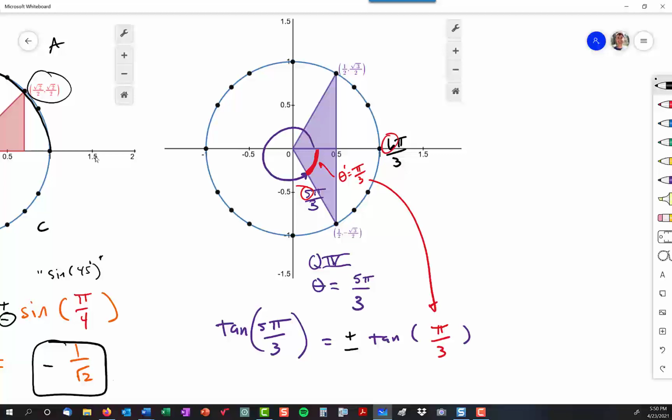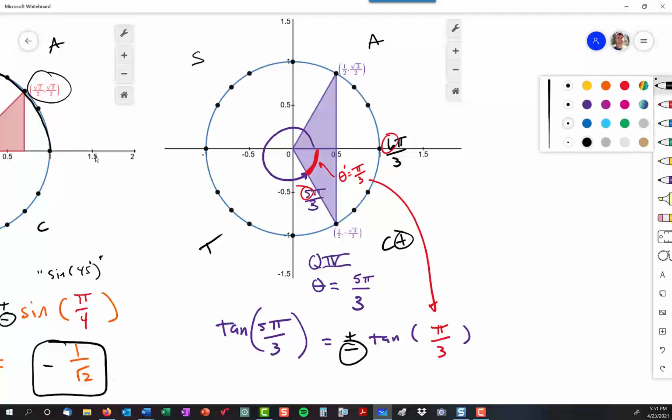Well, this positive or negative comes from the quadrant, a smart trig class. And so since we're in quadrant 4, it is cosine that is positive in quadrant 4. Now tangent then, we can deduce is negative. So we have to choose the negative outcome for that. So now we're doing tangent of pi thirds.